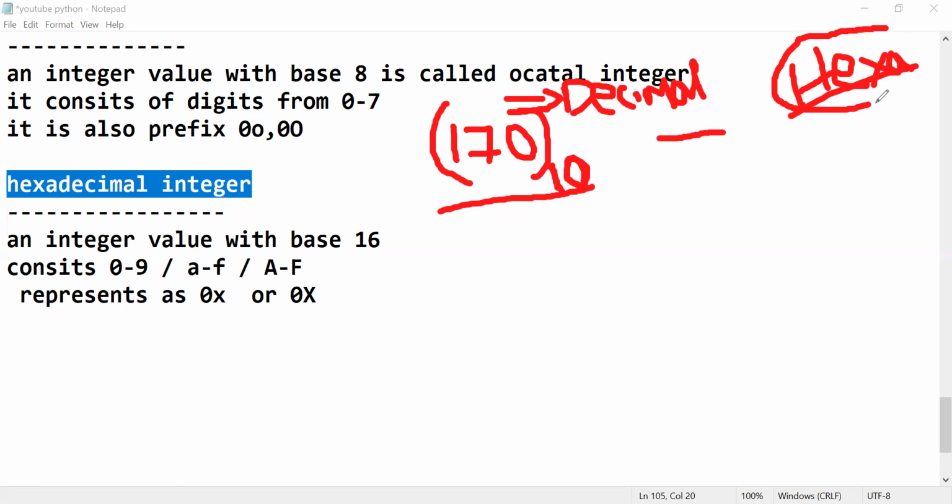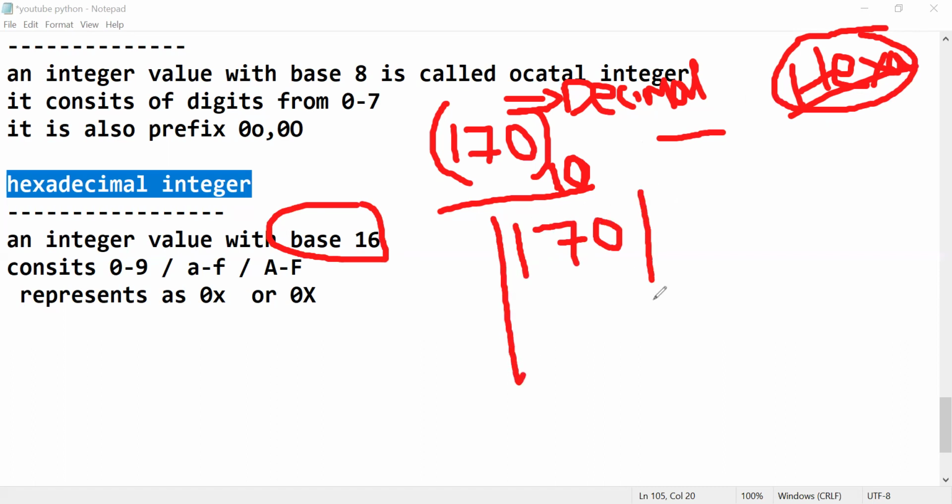Your destination is hexadecimal, whose base value is 16. So you have to divide the number 170 by the base value 16.